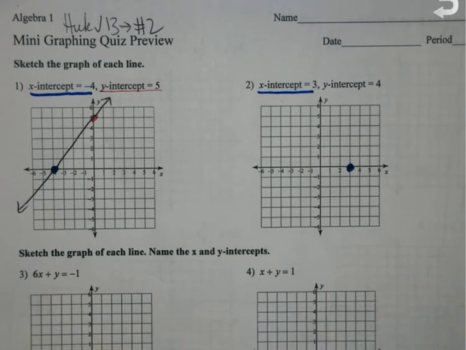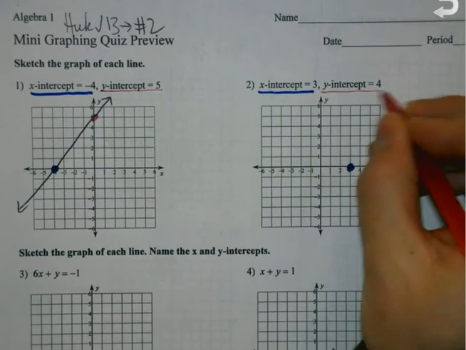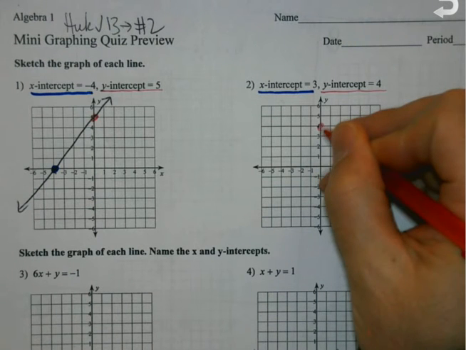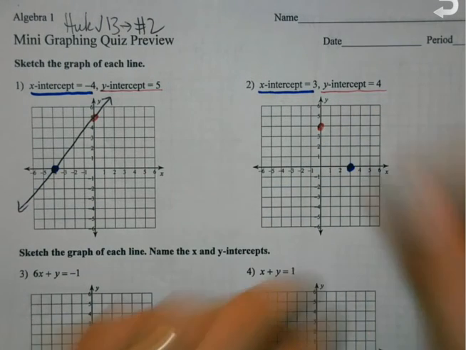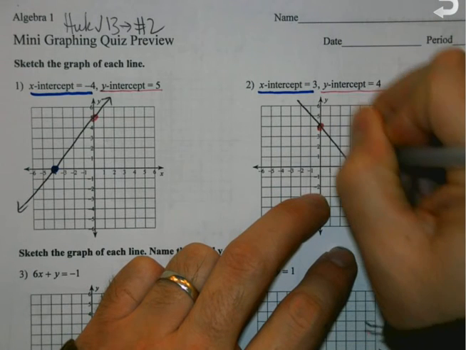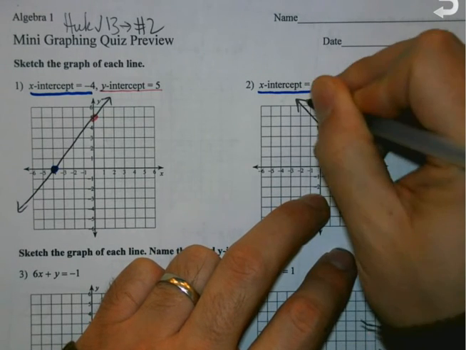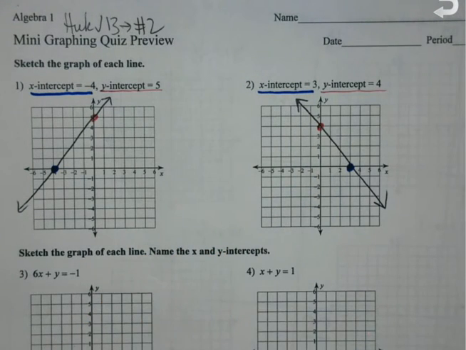Then my y-intercept is a positive 4. I just go up 4. And I'm good to go there. So if it's just giving you the intercepts, you're just plotting them and connecting the dots.